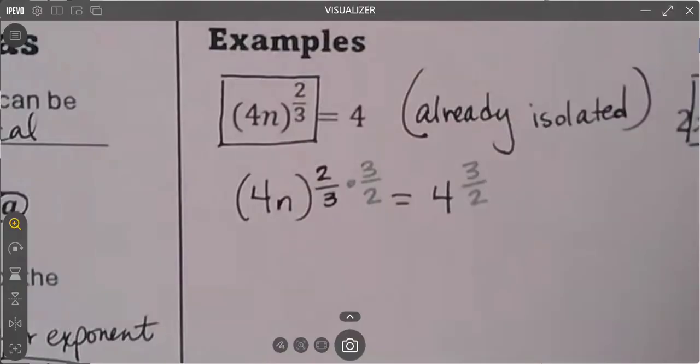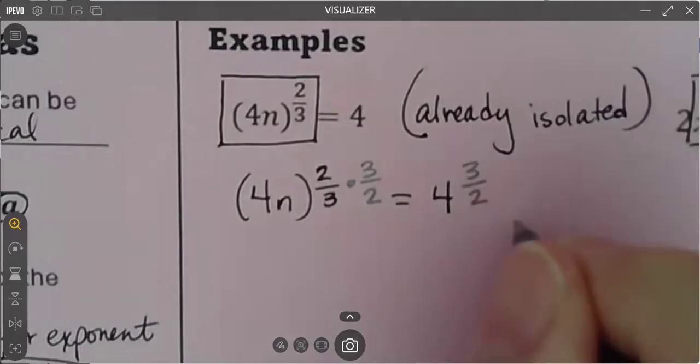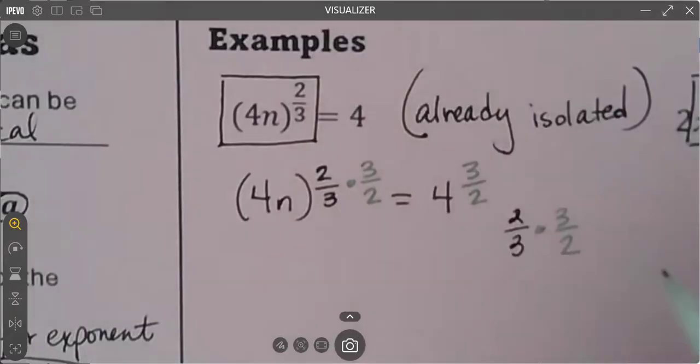The reason I do this is because I'm going to multiply these exponents together. 2 over 3 times 3 over 2. When you multiply fractions together, you do numerator times numerator, denominator times denominator. So once multiplied, I get 6 over 6, which is 1.